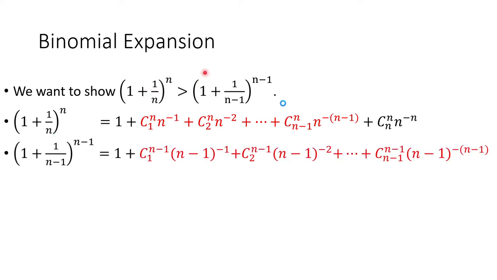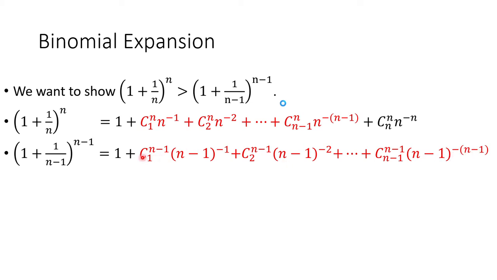Then the right hand side here can be expanded in a similar way using the binomial expansion. 1 plus C(n-1,1) (n-1)^(-1). And then the second term is C(n-1,2) (n-1)^(-2), and all the way to the last term C(n-1,n-1) (n-1)^(-(n-1)).